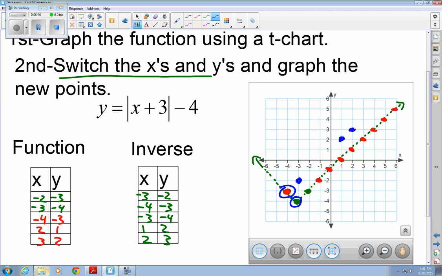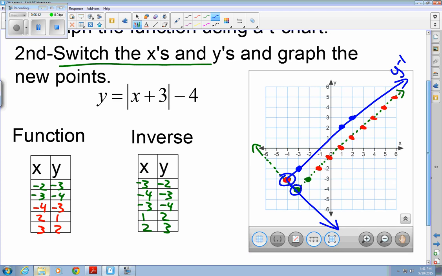Now, if this isn't enough points to see where the graph is, plot some more points. But you can see that should be our graph. So the blue is the inverse. You label it by putting y to the -1, or if it's f of x, put f to the -1 of x, which is the inverse.